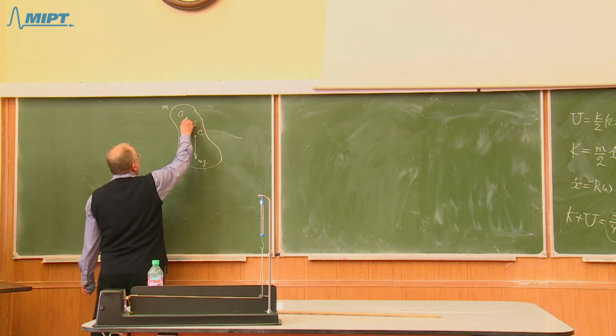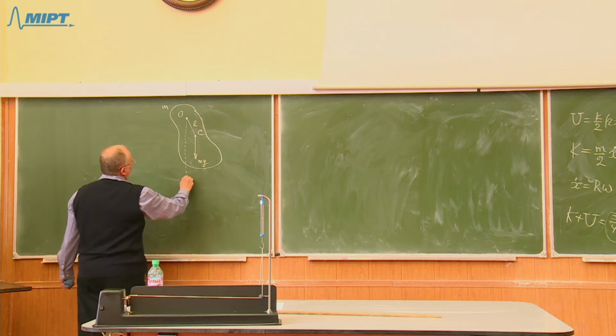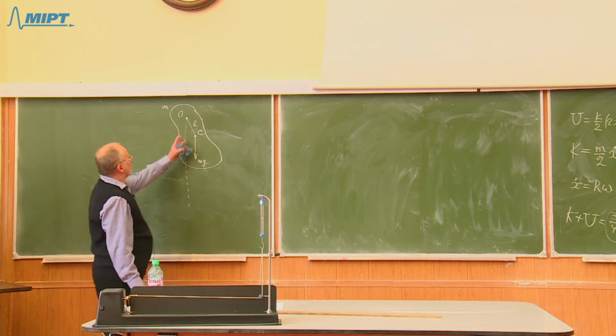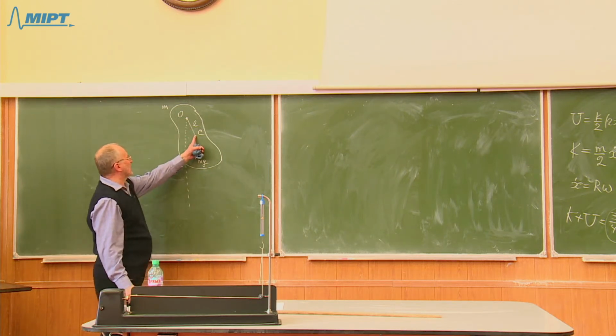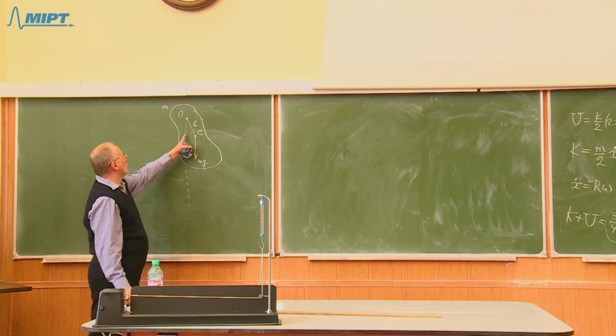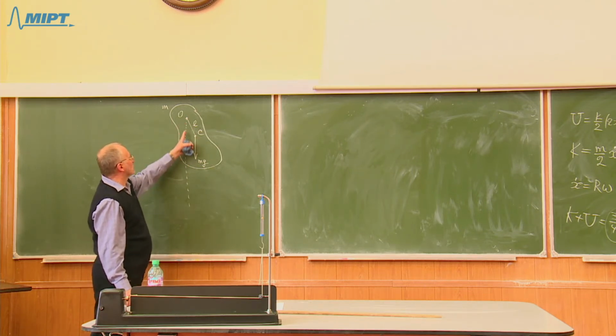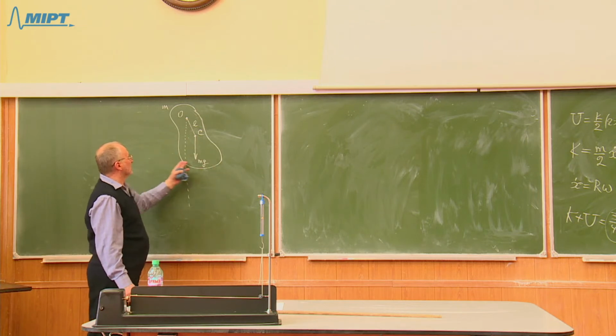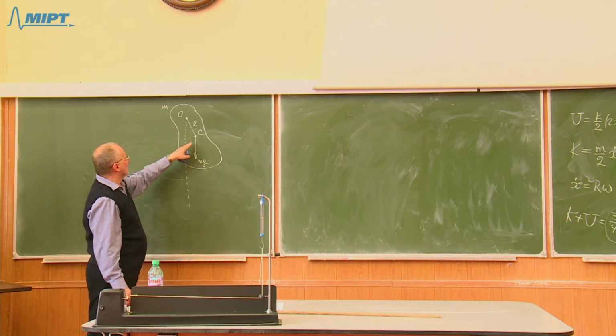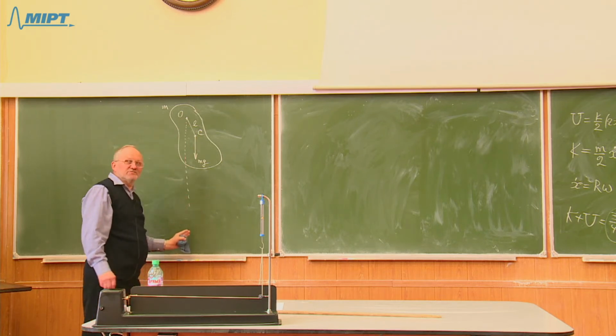And let there be some vertical direction. When the center of mass is just below point O, the point of suspension, then the body will be in equilibrium at rest. It may hang just without any vibrations.